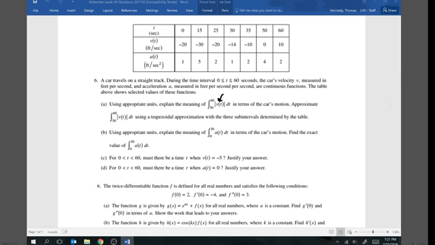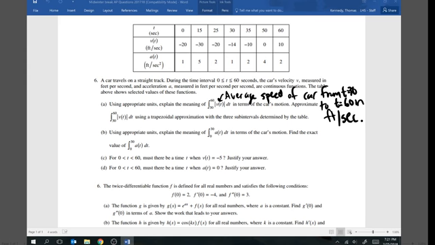So this is average speed of the car from t equals 30 to t equals 60, and the units are feet per second. That would be a good way to describe that.